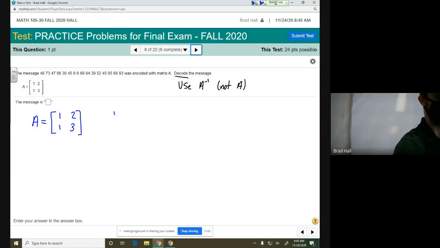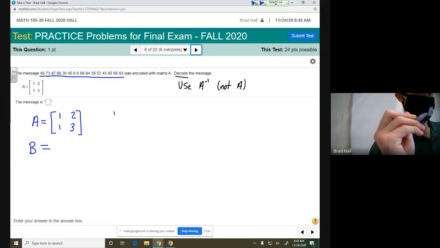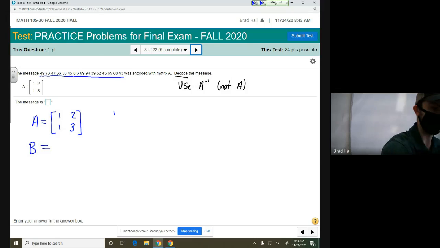Okay. In the meantime, B is going to be the message. This message, though, needs to be formatted in a very specific way.